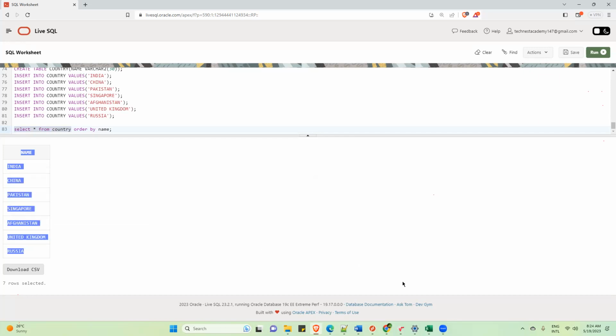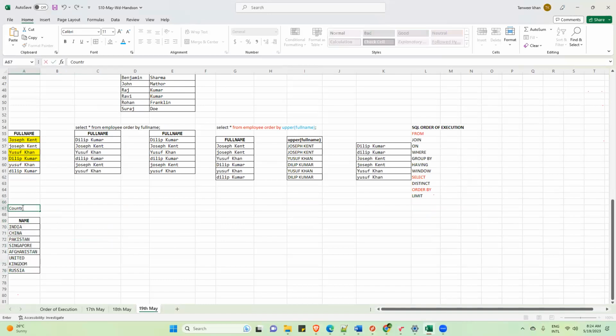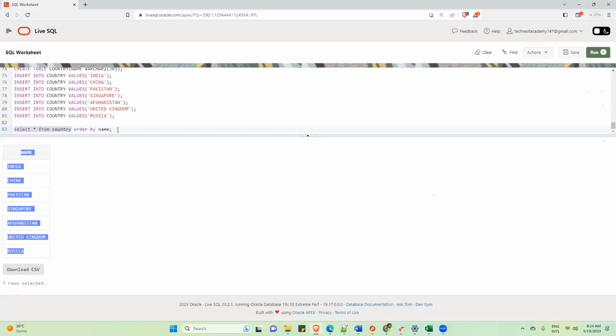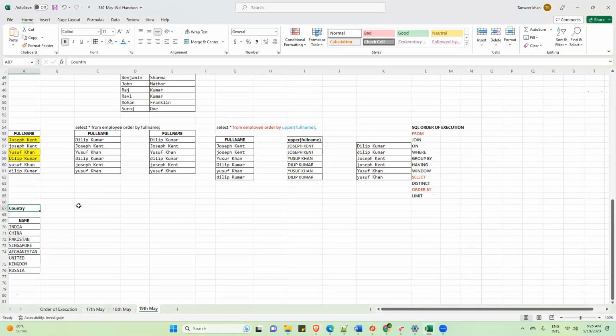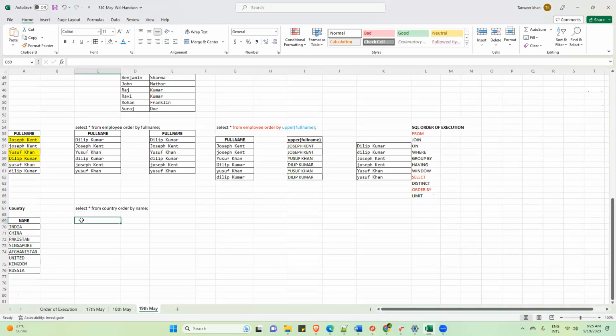This is your country table. So do you think this is sorted in ascending order? Yes? Okay, good. So this is the query and this is the data, sorted in ascending order. You all agree, right?